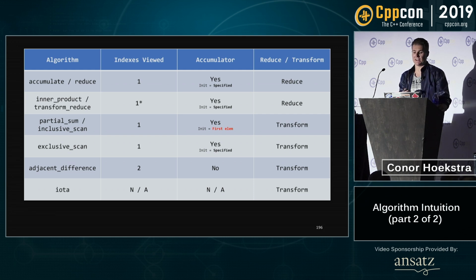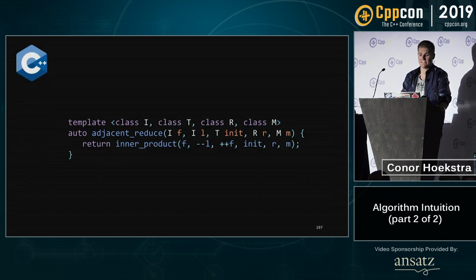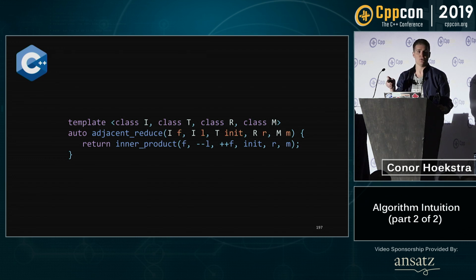One of the algorithms that we're going to add to this table immediately is the pattern that we've seen now twice, and that's what I'm calling adjacent reduce. It's a wrapper around either inner product or transform reduce that basically internalizes the zip tail functionality. So here we are making a call to inner product. It could be transform reduce as well. And then we are passing it the 0 to n-1 elements of our range, and then the 1 to n elements of the same range. And we can call this adjacent reduce.